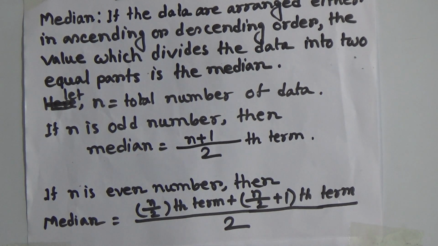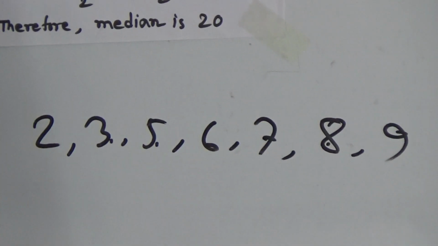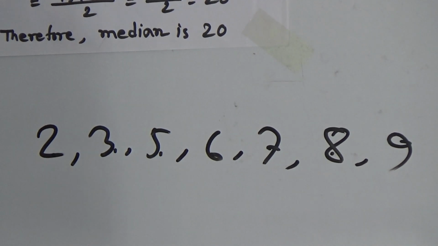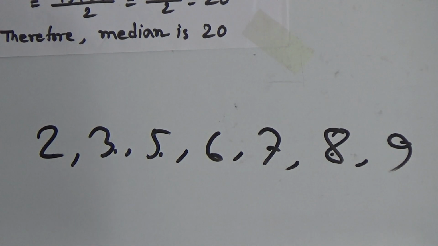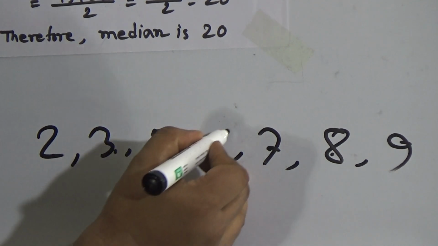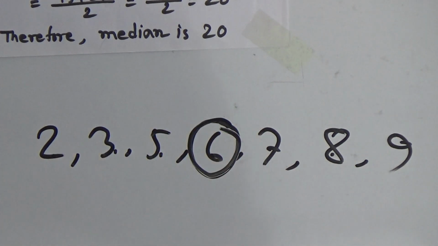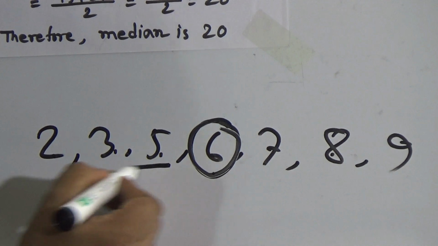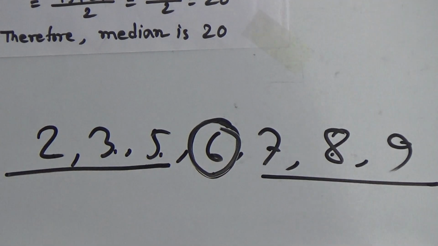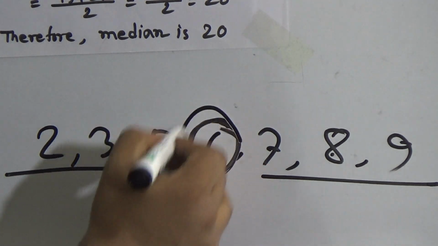If these data are arranged in ascending or descending order, the value which divides the data into two equal parts is the median. Here you notice 6 is the number whose position is the median of the data. It divides the data into 3 and 3, two equal parts. So 6 is the median of the given data.